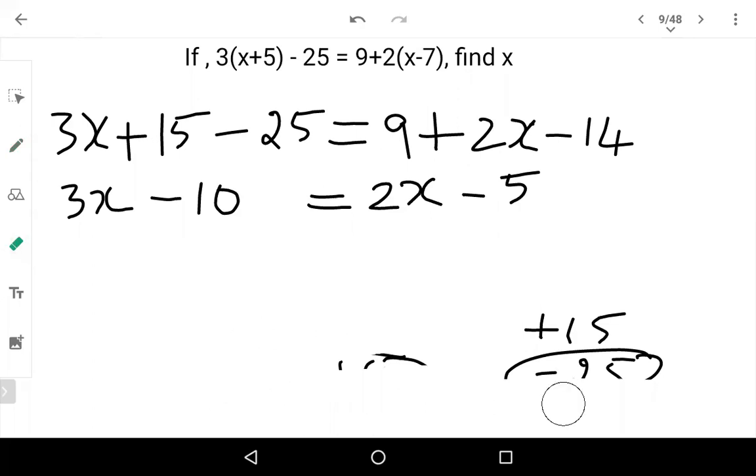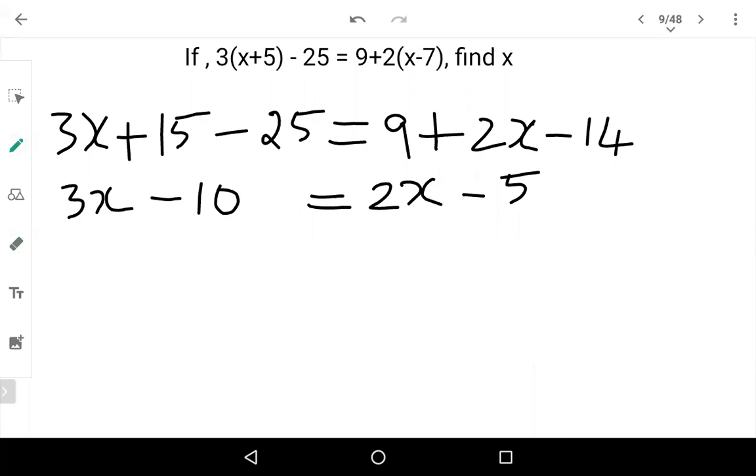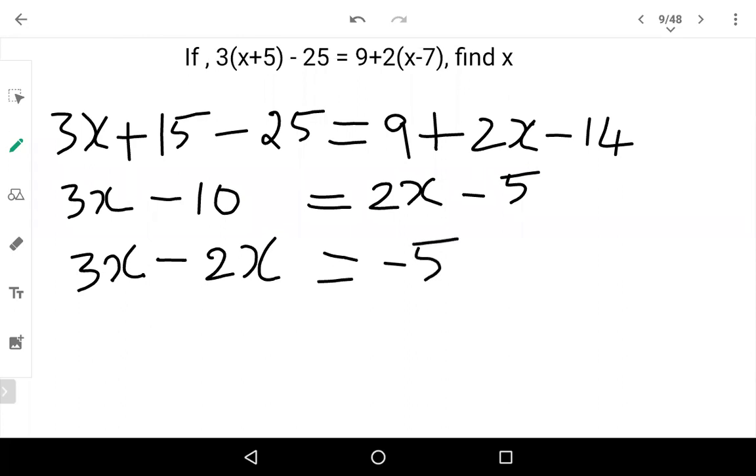Now after this, the next step will be grouping x to one side and the constants to the other side. So you have 3x. If I get 2x from the other side to this side, it's going to become minus 2x because one side it is plus, other side it is minus. Next here you have minus 5, or what we can do is we will take 10 first.